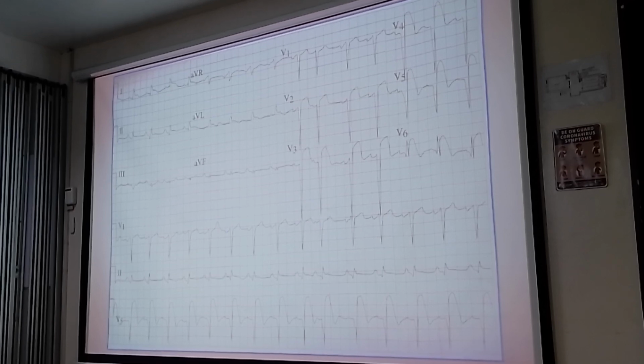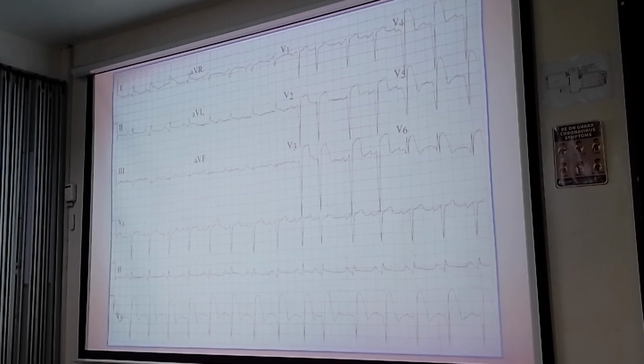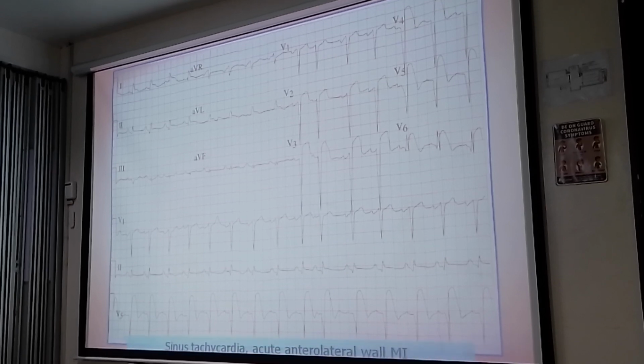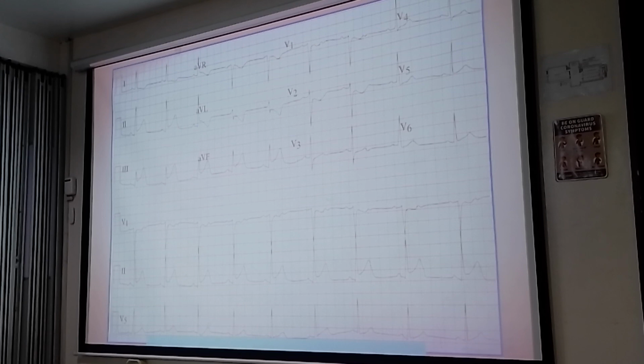You have your Q, then an S wave. Look at V2, V3, V4. Okay? You have ST elevation, MI. But before you can see ST elevation, you can have tall and peaked waves. MI, myocardial infarction.